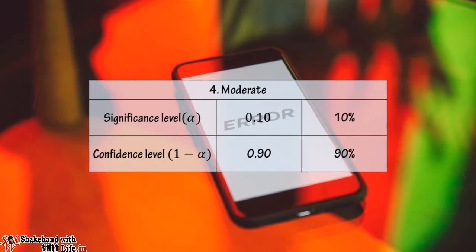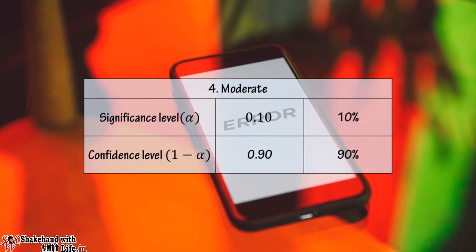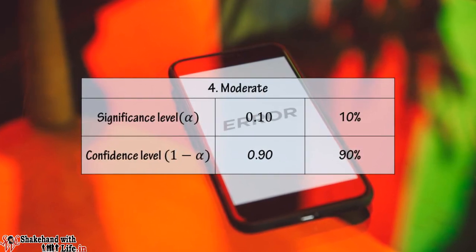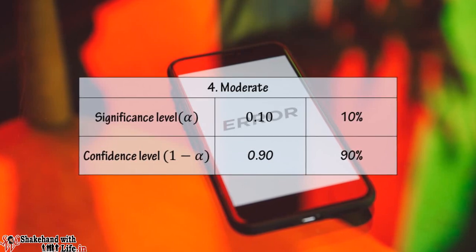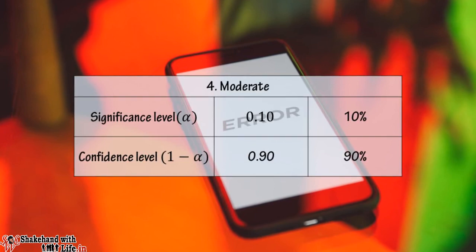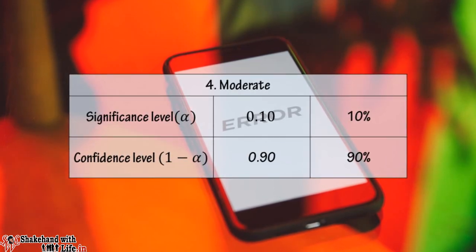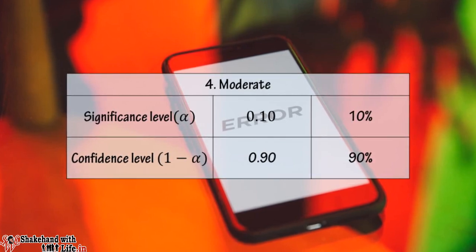Now in the fourth case, the risk of committing type 1 error is moderate. Hence, this level is known as the moderate level. Here the significance level or the value of alpha is 0.10. In this case, the chance of committing the error of rejecting a null hypothesis is 10%, and the confidence level, which is 1 minus alpha, is 0.90, that is 90%.